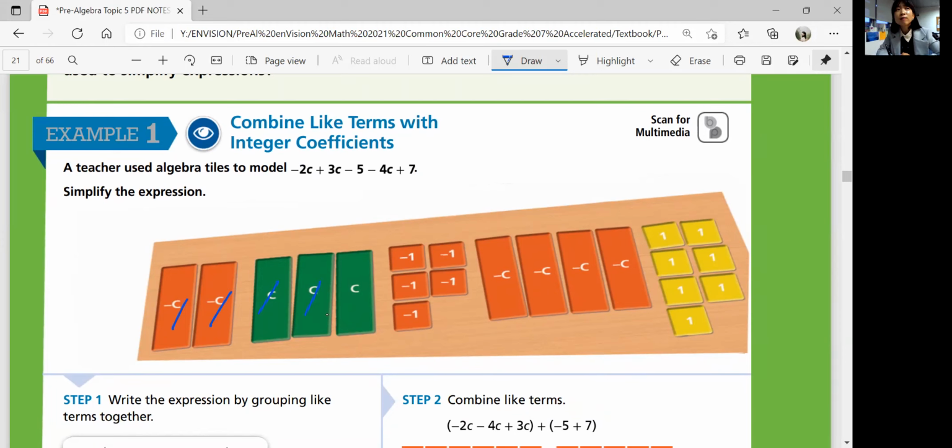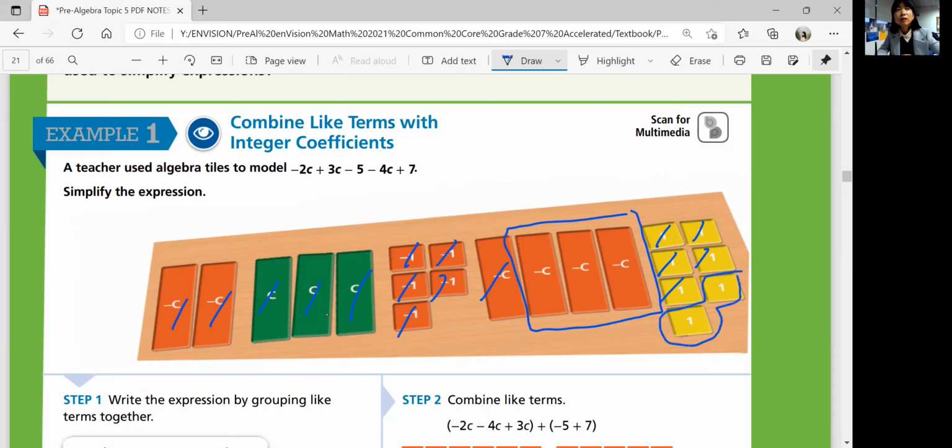So you can have this C and that C together and cancel them out. And the yellow tile and the red tile, they could cancel each other out because they're the same tiles. So two red tiles, two yellow tiles, two small red tiles, two small yellow tiles, one, another one, and another one. So what you have left would be the simplified expression.